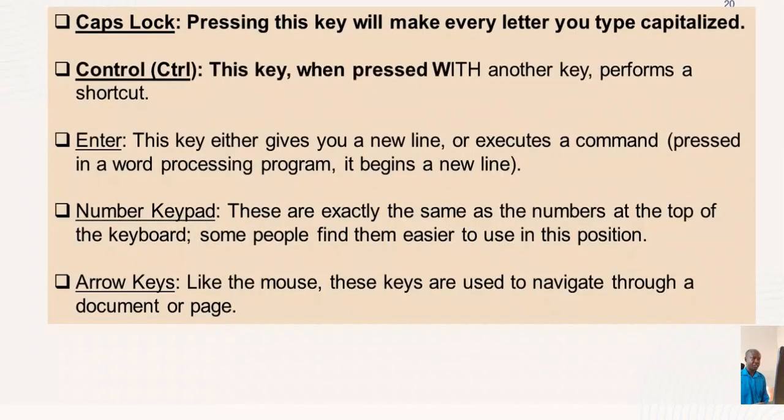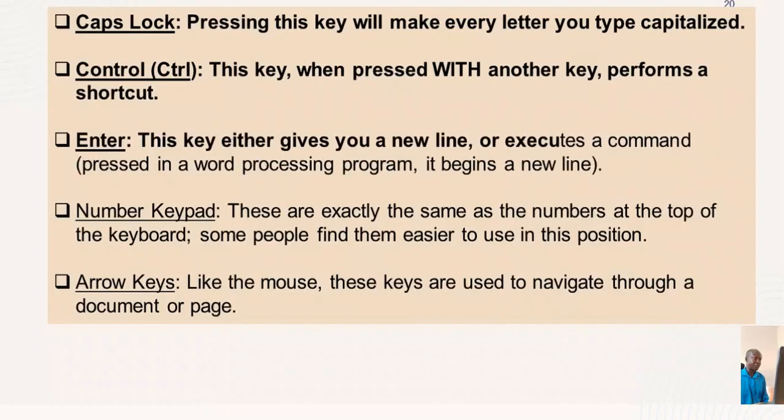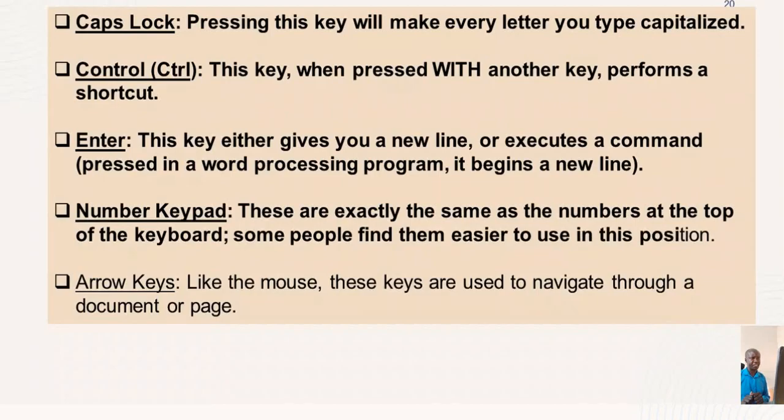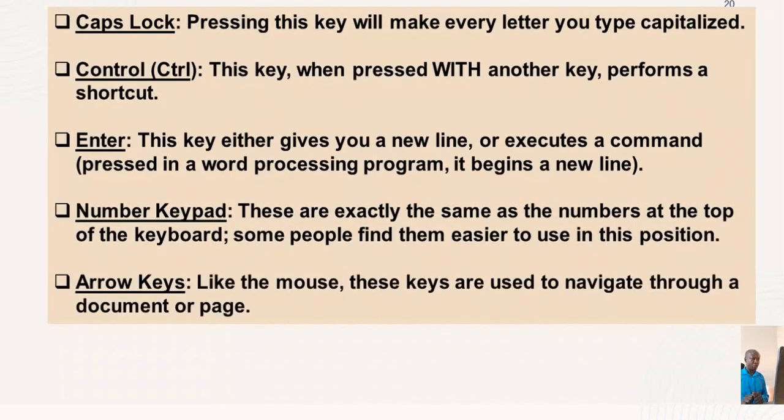Caps lock, pressing this key will make every letter you type capitalized. Control, this key when pressed with another key performs shortcuts. We have the enter key, we have the number key, and then we have the arrow keys. All are elaborated as you can see.